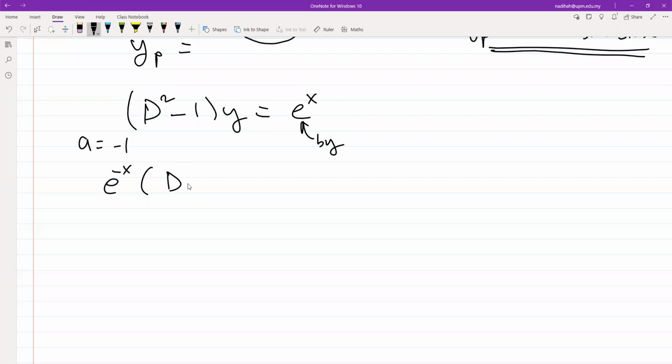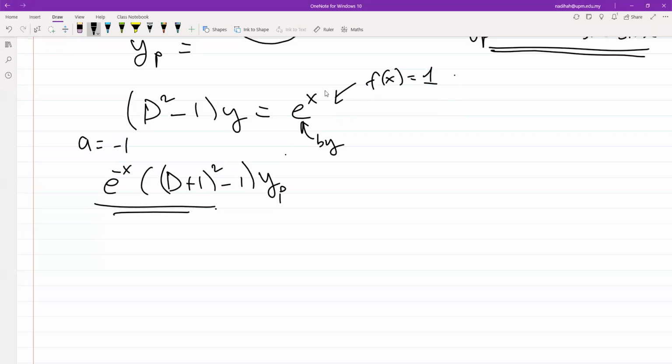D adalah d plus 1 squared minus 1 of y. So saya buat kat sini, YP. Nak guna exponential shift pun tak apa, tapi kalau tak nak guna pun boleh juga. Sebab apa? Sebab dia punya fx is just 1. So in this case, saya boleh katakan y is just a constant.